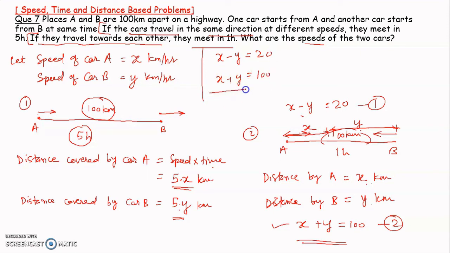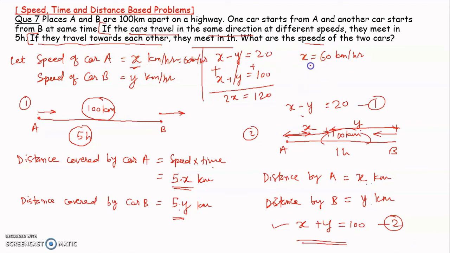If you add those two equations, the minus y and plus y will cancel out. x plus x will be 2x equals 20 plus 100, that is 120. So we get x equal to 120 divided by 2, so x equals 60 kilometer per hour. So the speed of car A, x, is 60 kilometer per hour.